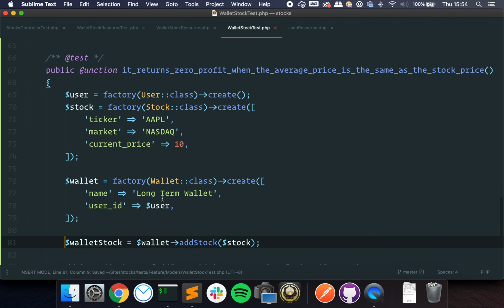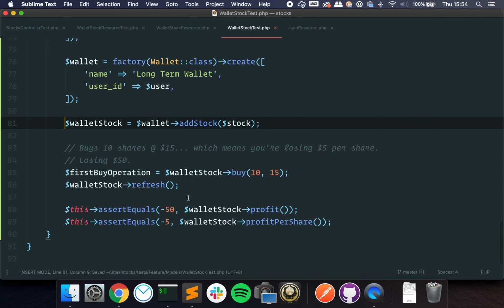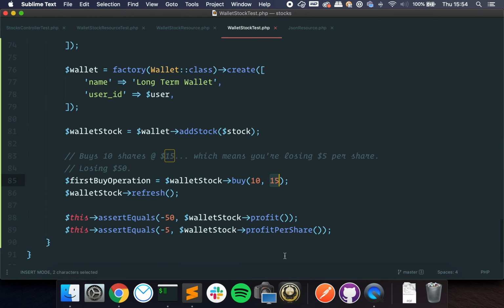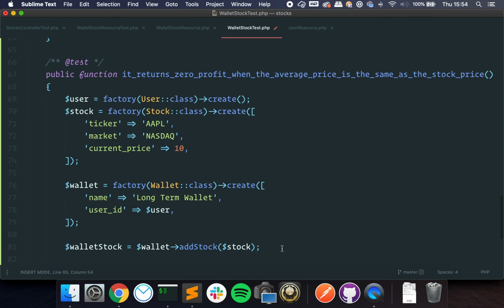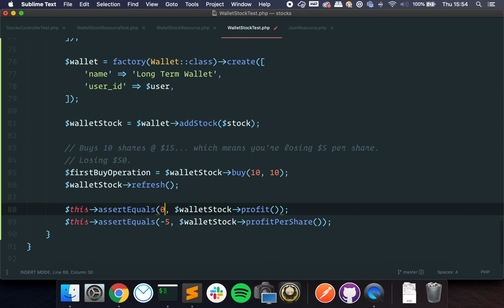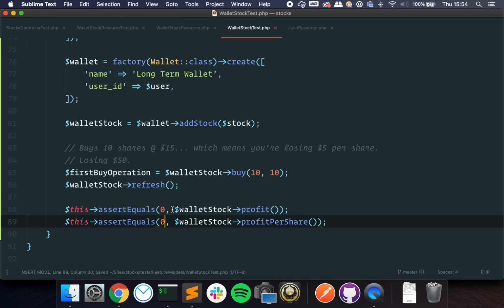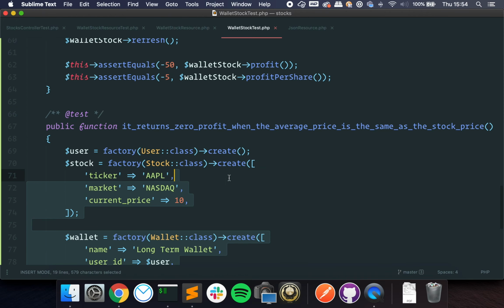It's pretty obvious, the code's pretty obvious. But sometimes when you don't write tests and you change things in the future, you end up breaking things. And if we have this test, we can make sure that if we buy a stock at the same price it is valued right now, we'll always get the proper result. So let's try this one. Okay, it passes. And let's add one more.